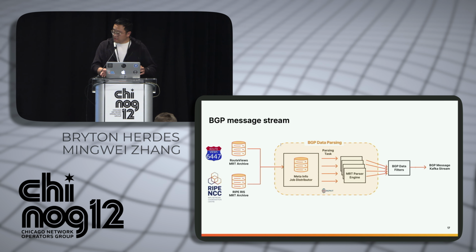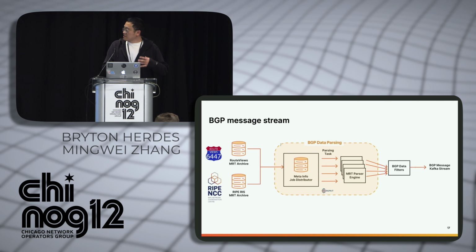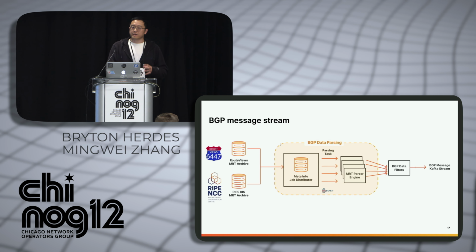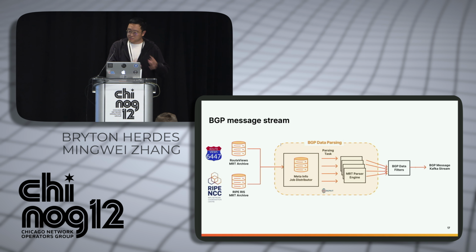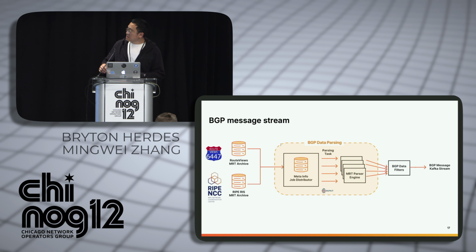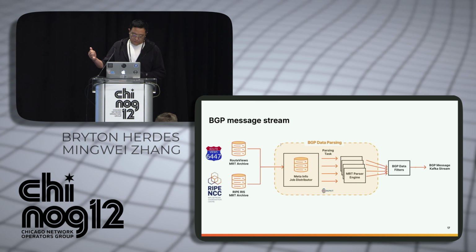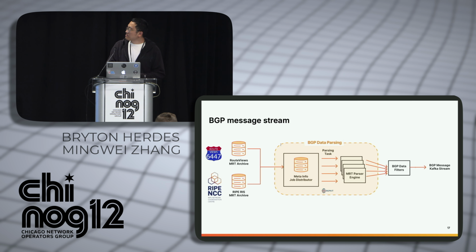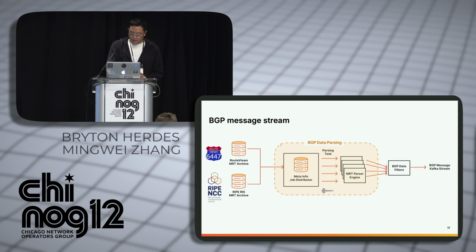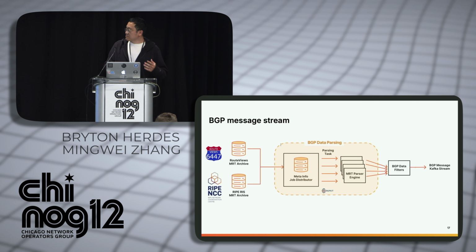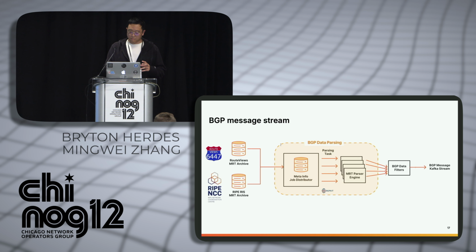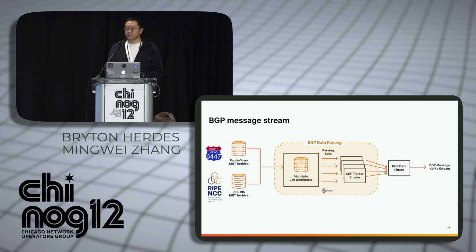So this is the very leftmost side, where we turn BGP data into actionable data streams. We're taking both RouteViews and RIPE RIS BGP archive data. If you don't know about them, RouteViews and RIPE RIS are, I think, the two best-known BGP archive data sources.